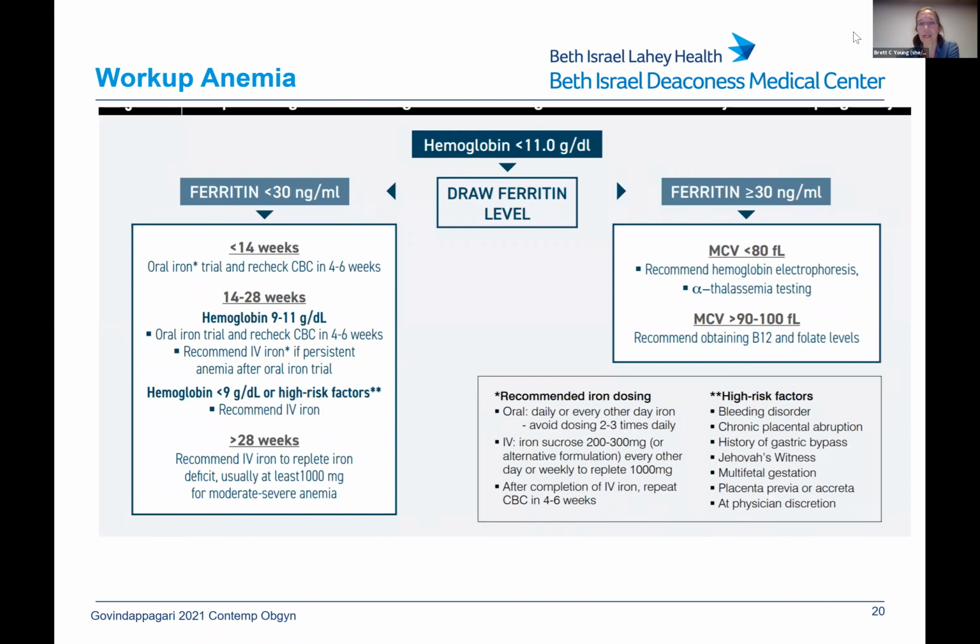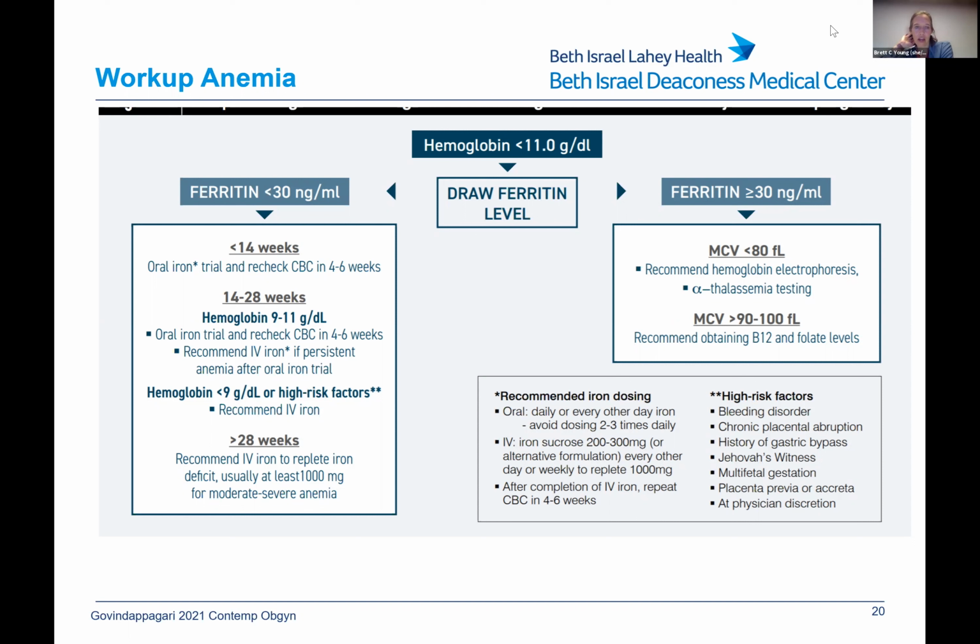Probably first step would be to draw a ferritin level. I also frequently get folate levels and vitamin B12 as well. And typically the MCV can help us determine whether we think it's more likely to be iron deficiency or not, but sometimes we're actually surprised, we can have a mixed picture.